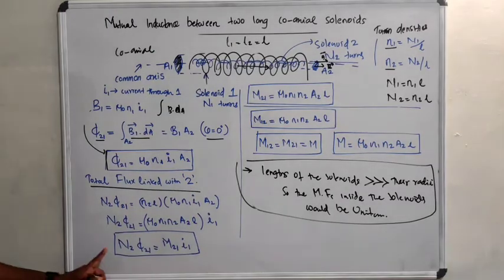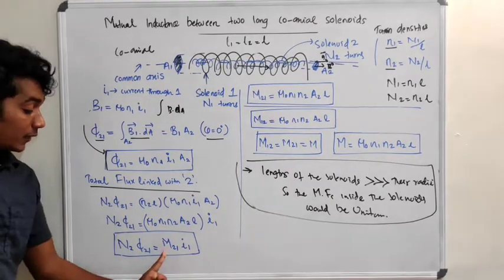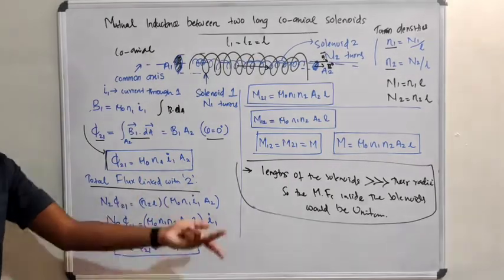We have the equation N2 into phi 21 is equal to M21 into I from the previous one.